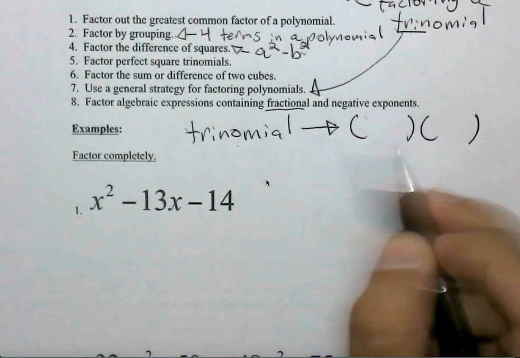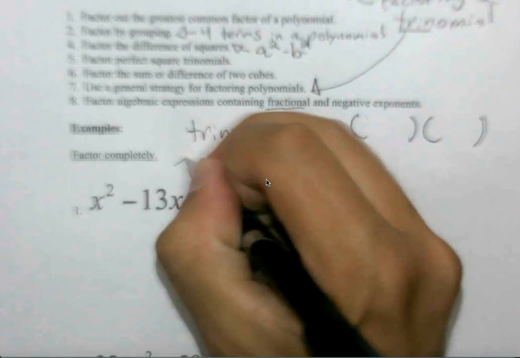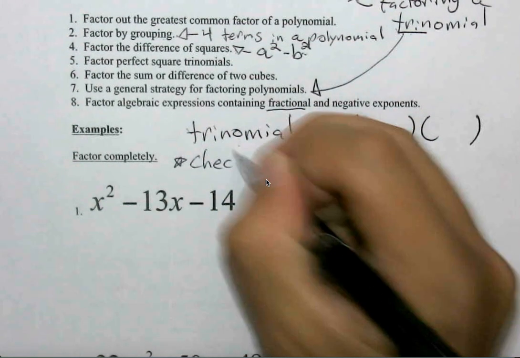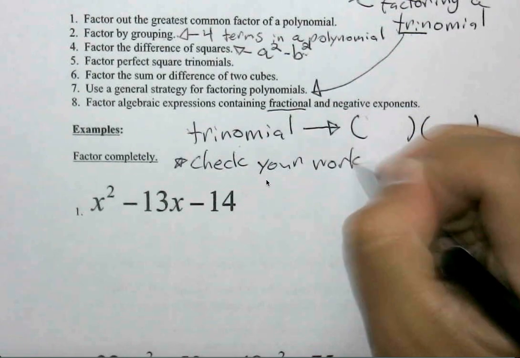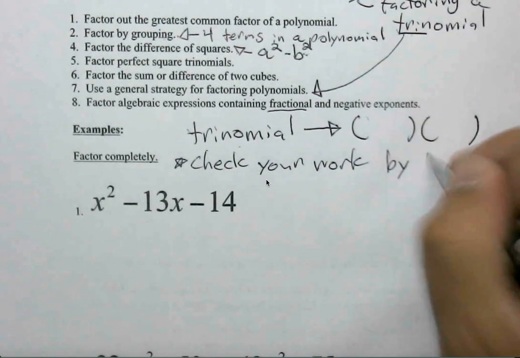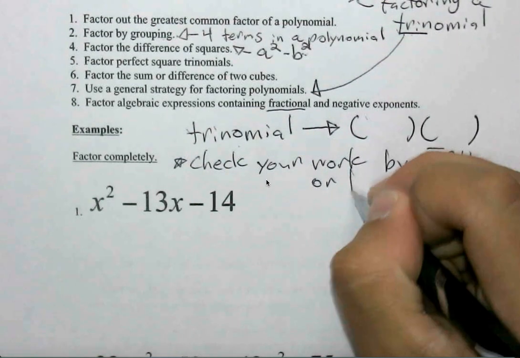And this can be checked. So what's cool about this section is that you can check your work using box method. So let's make a note on that. You can check your work either by foiling or box method.